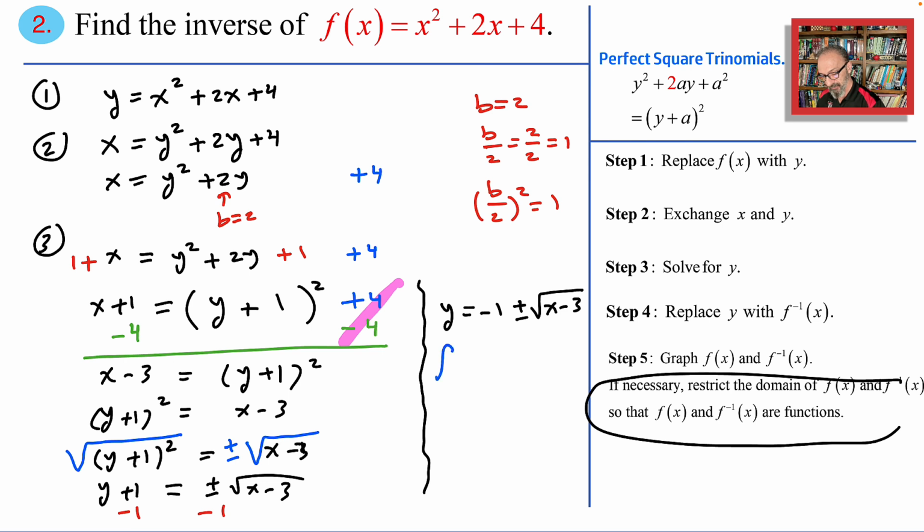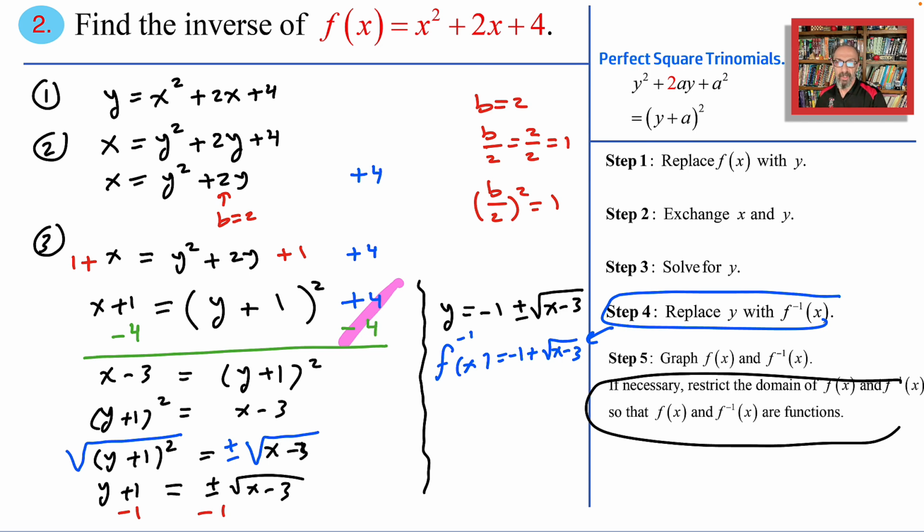F inverse of x, so we are in step number 4, equals -1 plus, only the plus sign, square root of x minus 3.